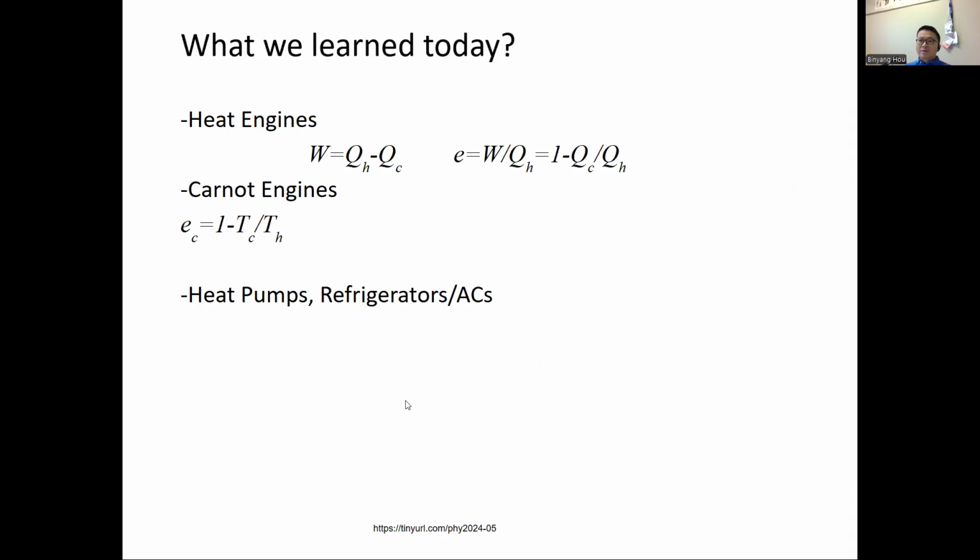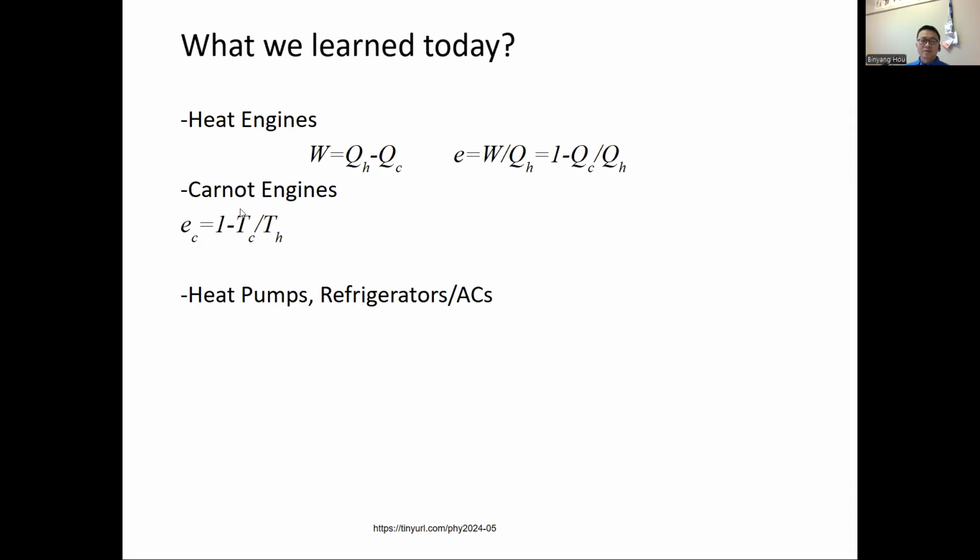All right, a quick review of what we learned today. We talked about heat engines, the mathematics. Work done for the heat engine is equal to the heat it takes in minus the heat it discards. Efficiency is work over QH for a heat engine because it does work, so that's 1 minus QC over QH.